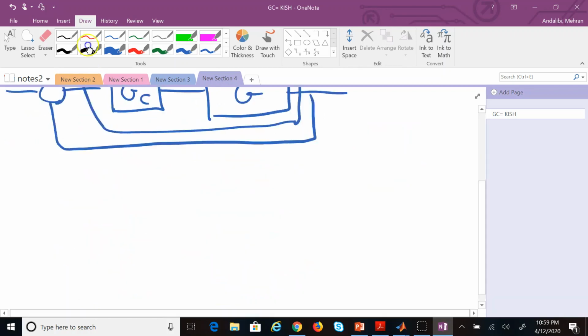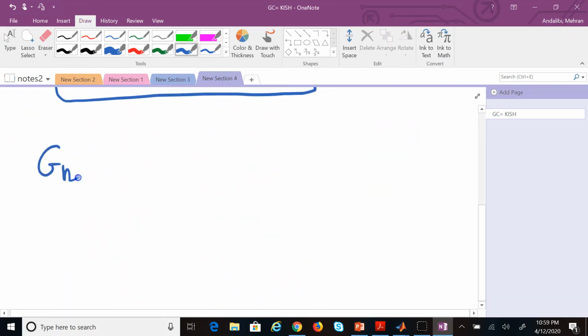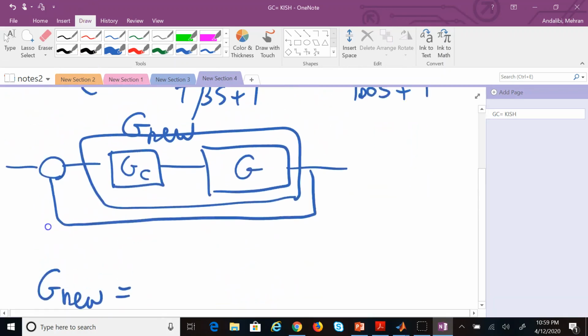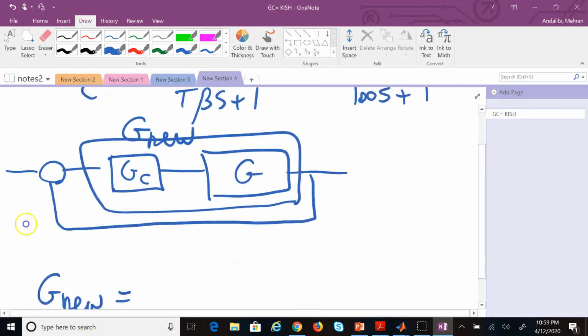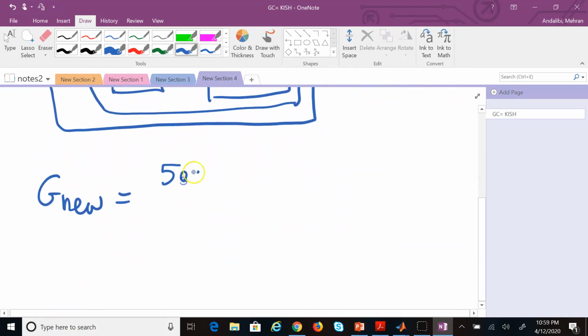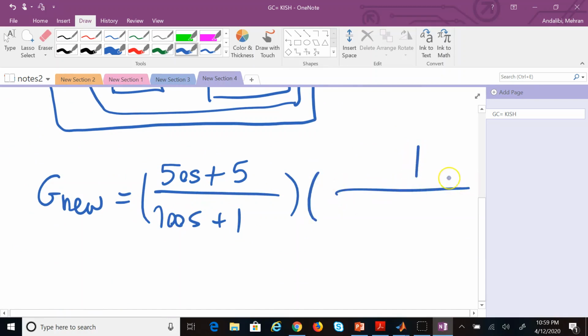So the new G is going to be (50S plus 5) divided by (100S plus 1), multiplied by 1 over S times (S plus 1) times (0.5S plus 1).